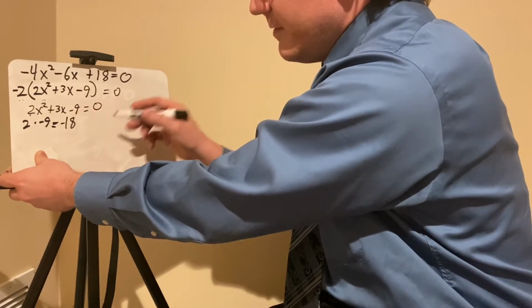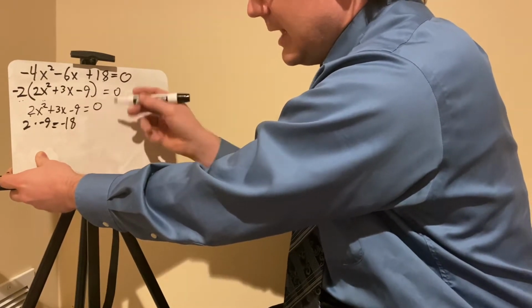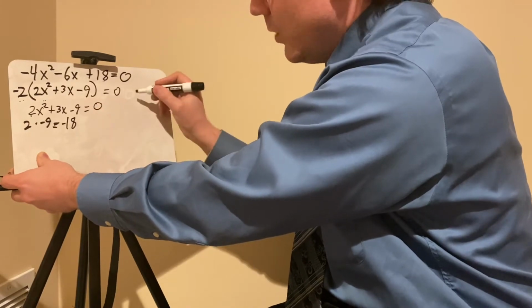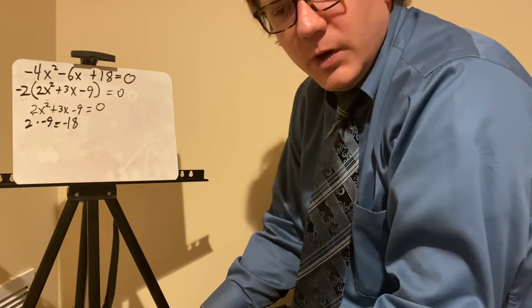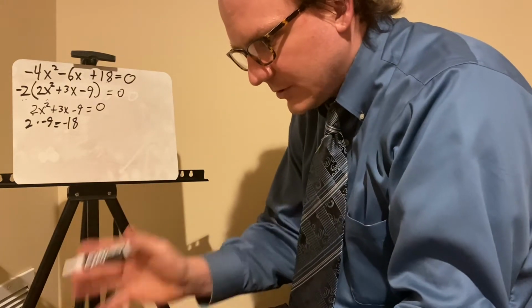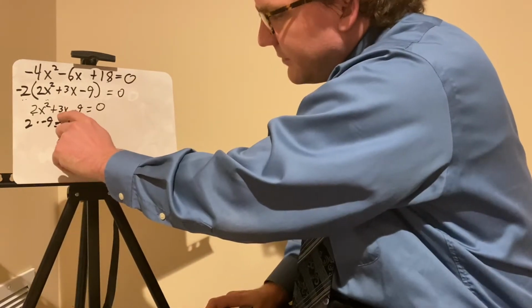Now I have to find what factors of -18 would add up to +3. I'm going to have one negative and one positive factor because of the -18. I know that the larger factor has to be positive because I end with a positive number.